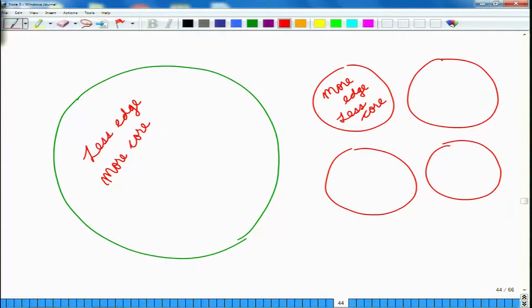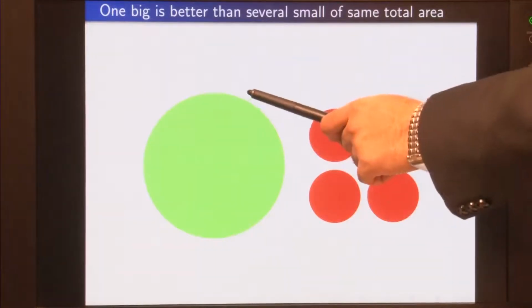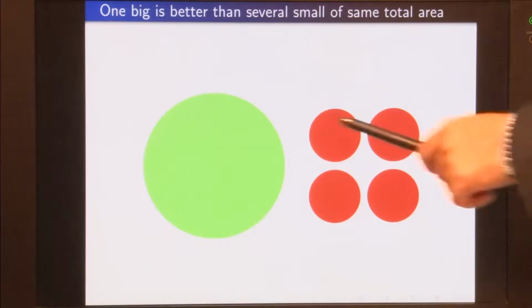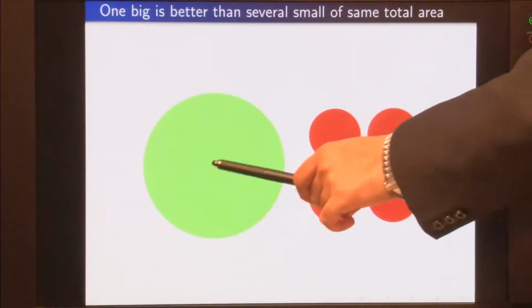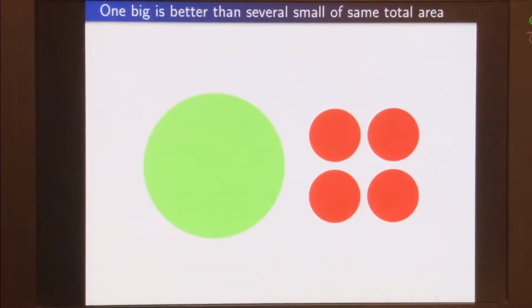Now, when we are making a reserve, it makes much more sense to have more core, so that the core species are also represented here, because edge species can tolerate a certain level of human disturbance, so they are much less susceptible to extinction as compared to the core species. So, whenever we are making a new reserve, we try to maximize the core area, and maximization of the core area is only possible when we have one big reserve as compared to several smaller reserves.